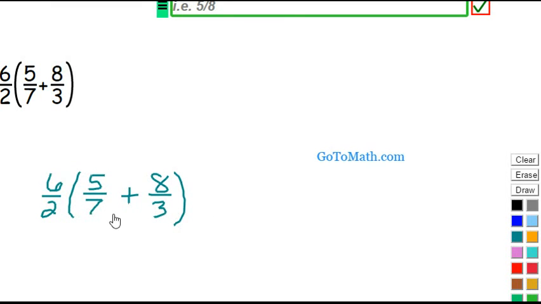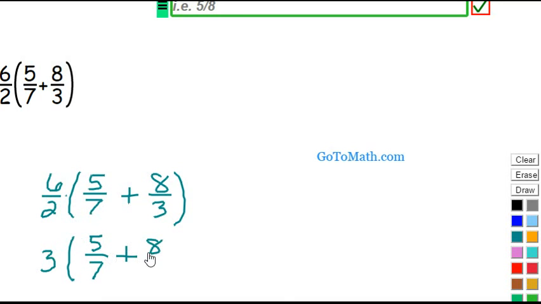Now, a couple ways you can do this. You can take this 6 over 2, multiply it across. That's the distributive property, right? First thing I see, though, is we can actually reduce 6 over 2 down. And we can actually rewrite that as 3 times 5/7 plus 8/3.